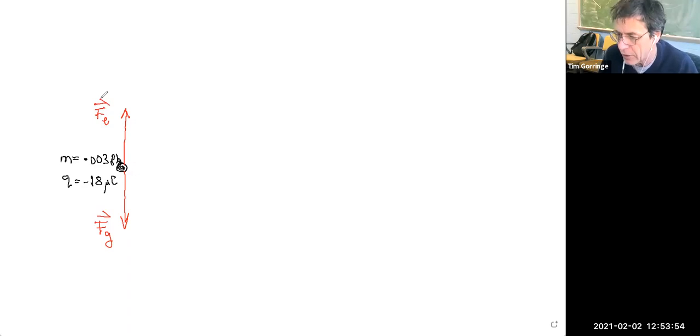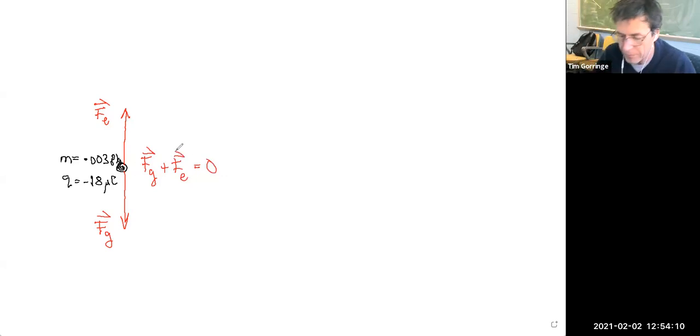If it's in equilibrium, at rest, staying at rest, the sum of these two forces, gravitational force vertically downwards and electrical force vertically upwards, their vector sum must be 0. Otherwise, the charge would accelerate, but the charge is at rest and staying at rest, so the sum of the forces must be 0. That means that in this simple case, the electric force and gravitational force have the same size, but opposite directions.